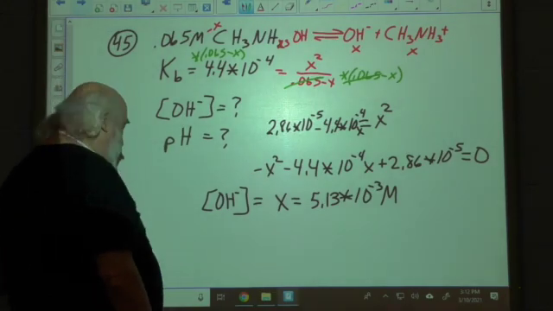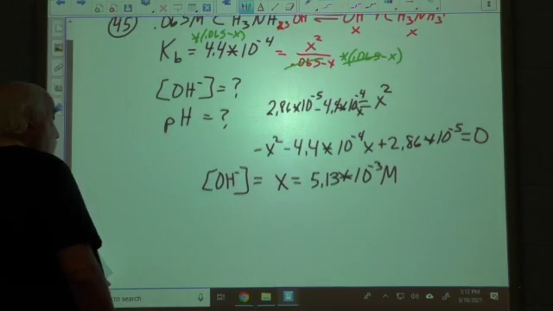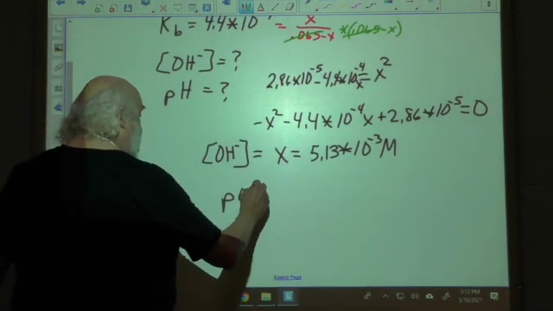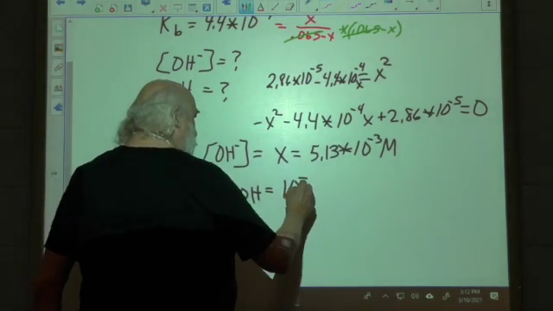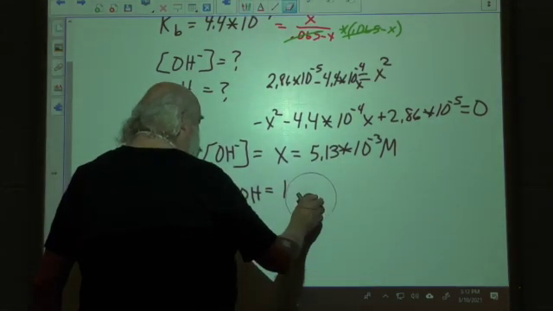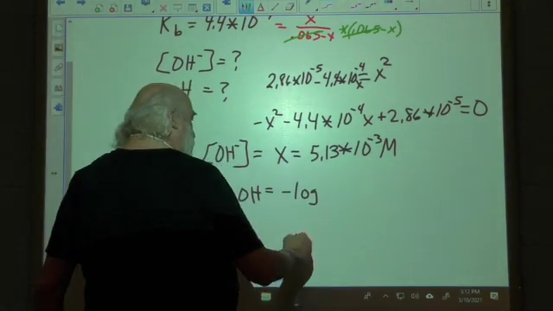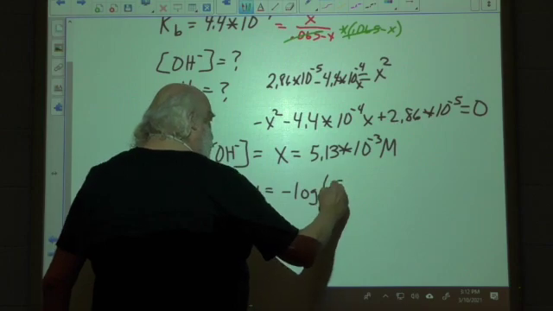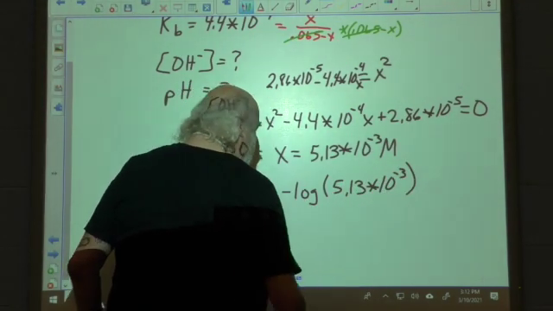Next question is, what's the pH? Well, in order to do that, we have to find pOH first. So pOH is the negative log of 5.13 times 10 to the negative 3rd.